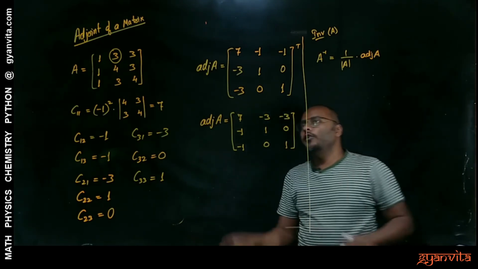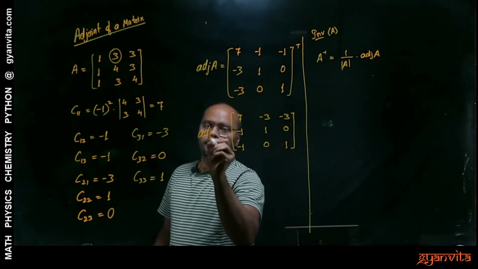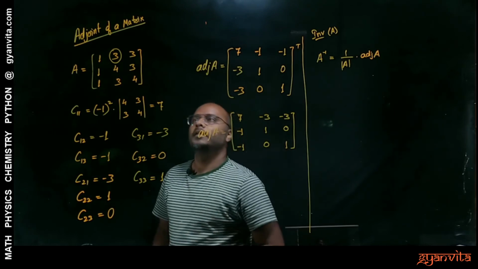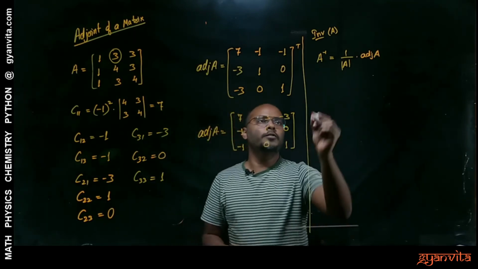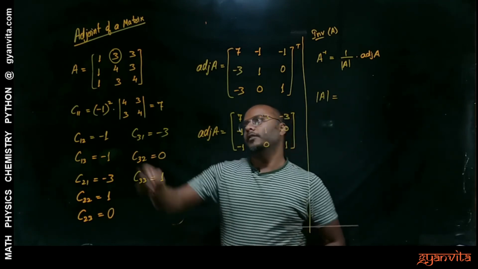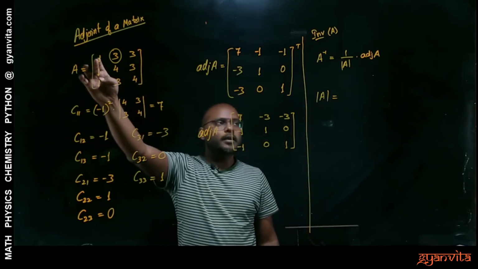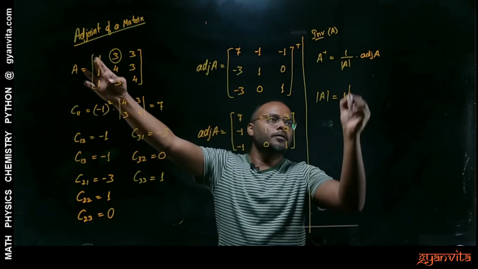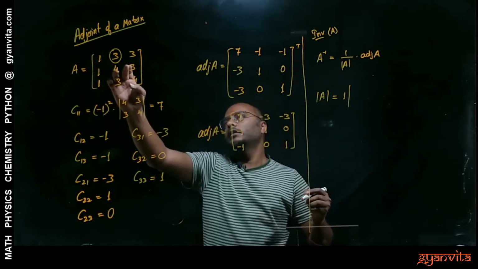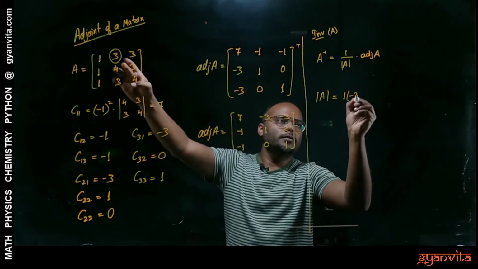Now what do you have to do? You have to use it to find the inverse. So for the inverse, what do you need? You actually need the determinant of A. So find the determinant of A. If I expand it along the first row, it will be 1 into 9 minus 12, that is minus 3, right?